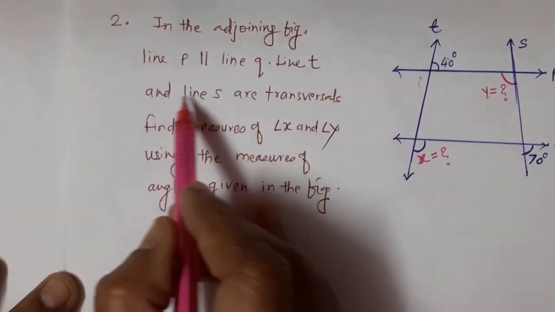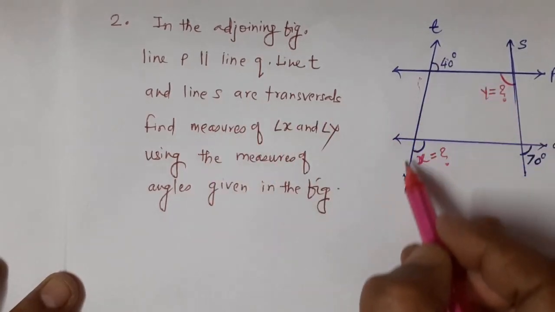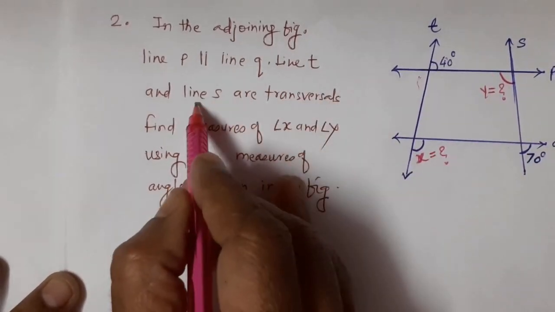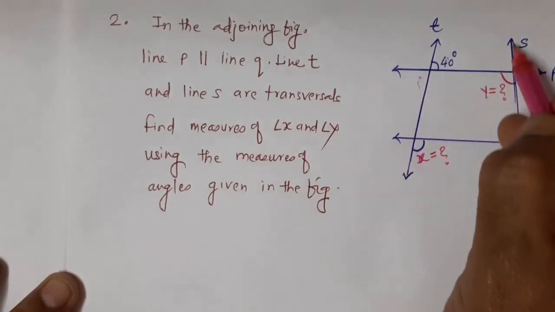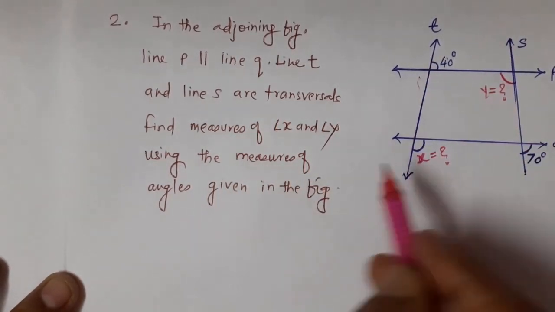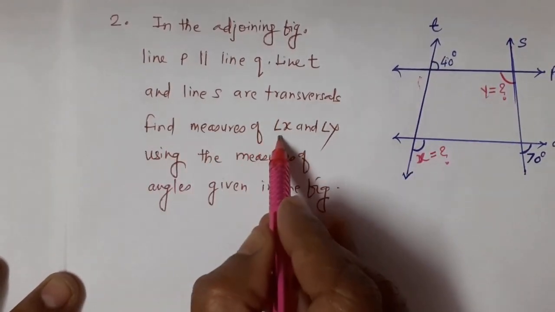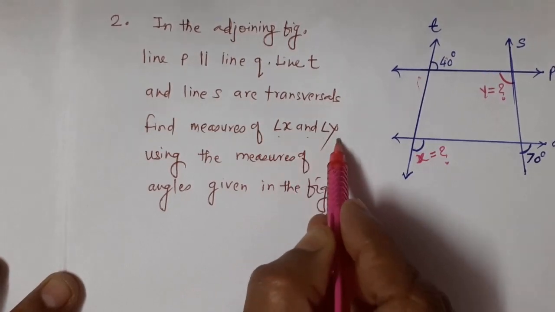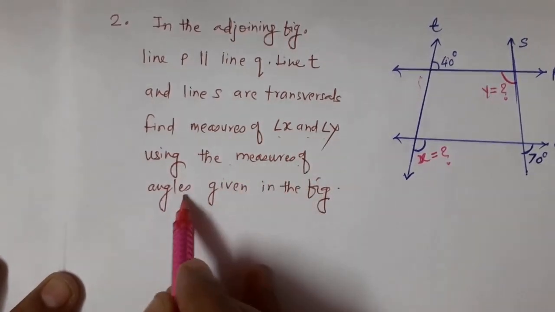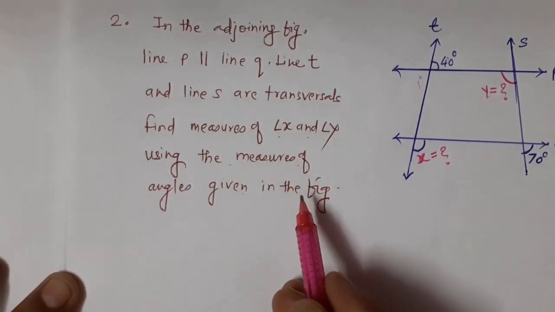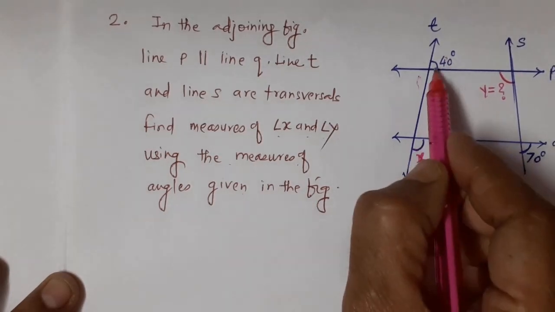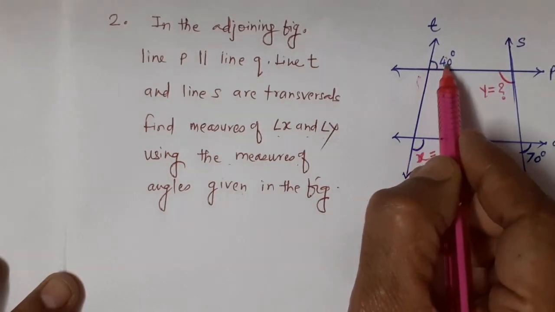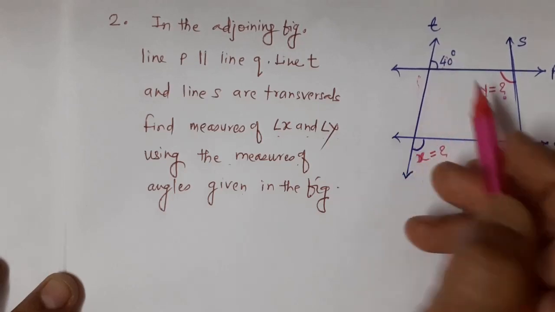Line t and line s are transversals over here. Find the measure of angle x and measure of angle y using the measures of angles given in the figure. In the figure, this angle has been given. What is the angle? This is a 40-degree angle.